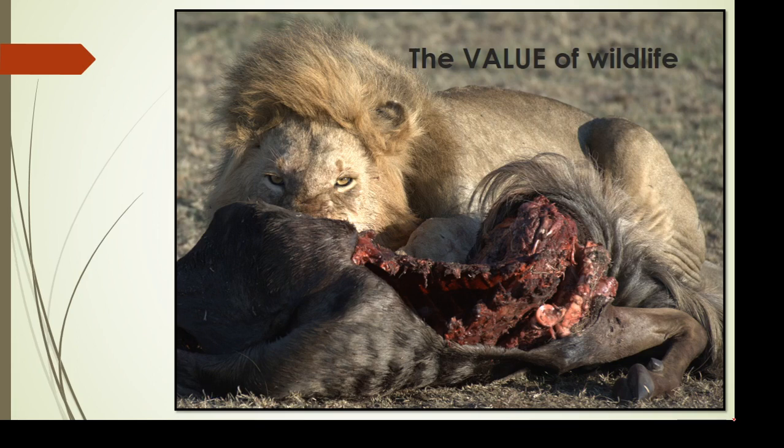And wildlife in some of these poorer parts of the world has to prove its value in one way or the other. So, for example, if I can get more people to pay to come and look at this lion over and over again than I can get from somebody coming and shooting it, then this lion has greater value alive than it does dead.